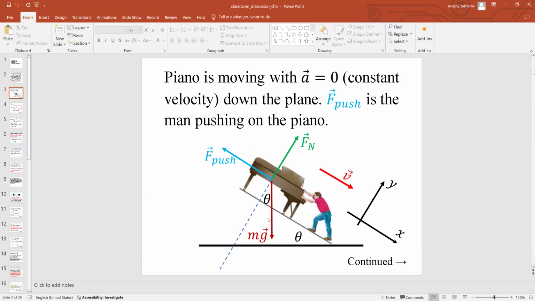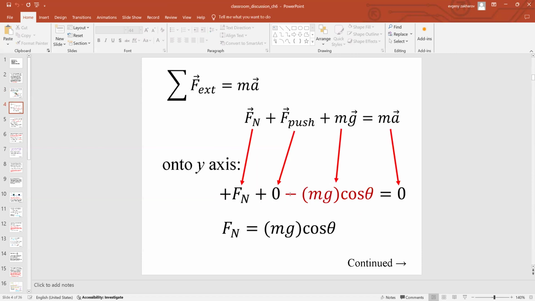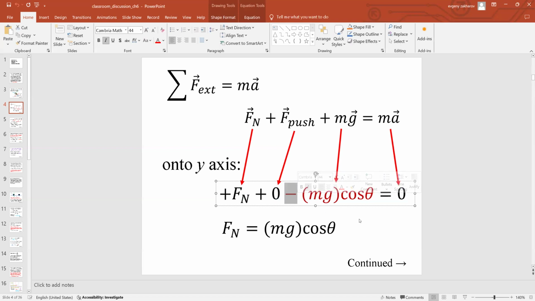And for gravity, onto y-axis, it's the adjacent component. It's the adjacent side to the angle theta. And if it's adjacent, it's got to be the cosine function. And see how it's pointing downward. So it's opposite to the positive direction for y. And if it's in the opposite direction, then the component is negative.